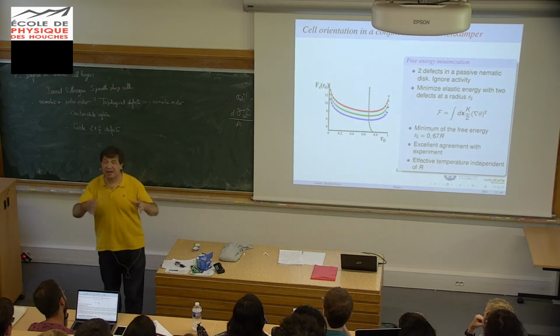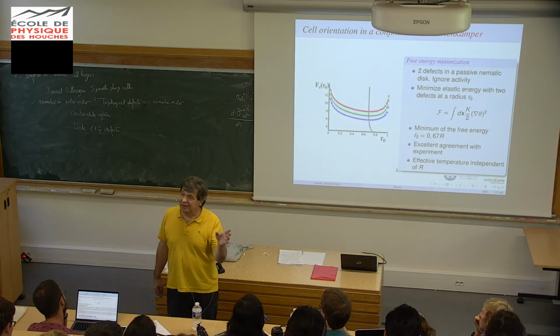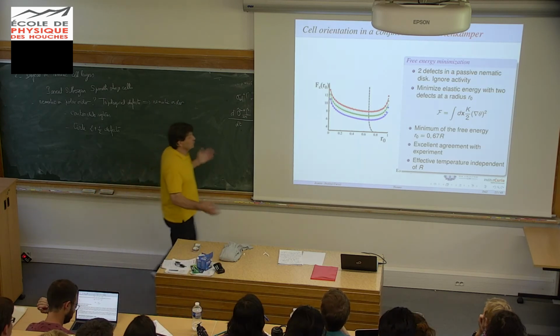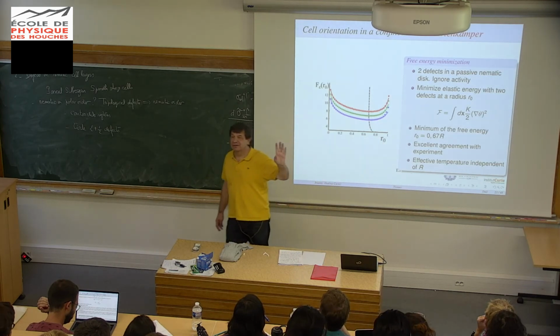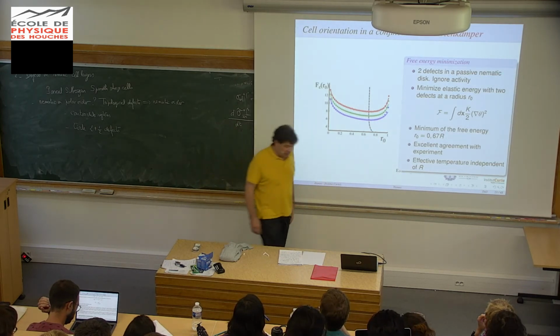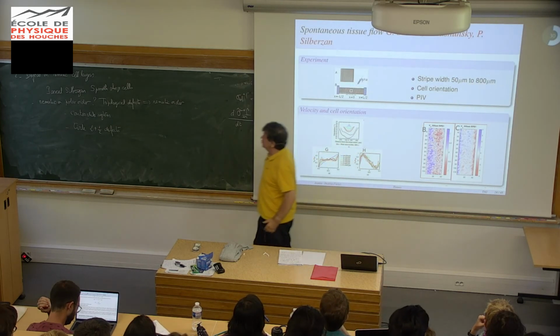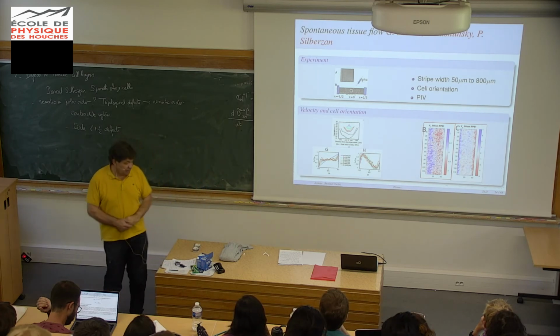So they changed the radii between 400 microns and 800 microns, and the effective temperature doesn't change in this range. So that's a measure of the noise, which in my mind is active noise in these systems. But this is the only effect of activity. So that's what you get from the study of defects, and you know that your system is active and nematic.